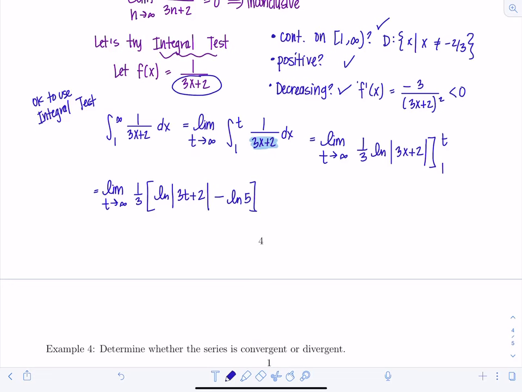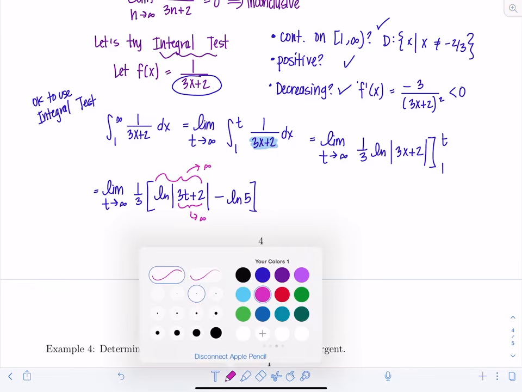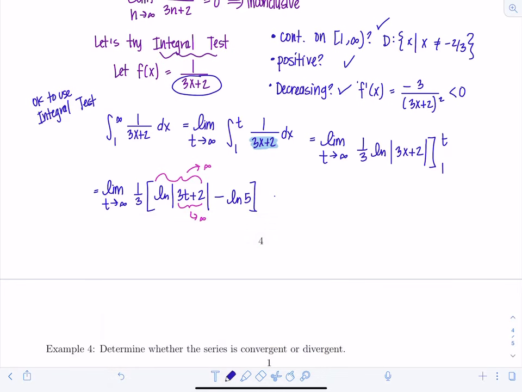All right, now let's see. As t approaches infinity, 3t plus 2 is going to go to infinity. So natural log of infinity, think of the graph, is going to approach infinity. ln of 5 is just a constant. So infinity minus a constant, this whole thing is just blowing up. So this limit is equal to infinity.